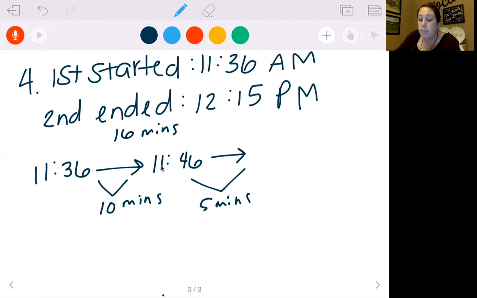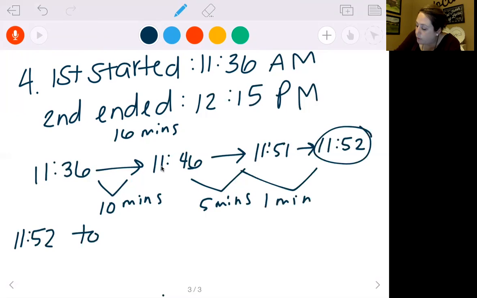Then she calls her grandmother, and we know that her grandmother's phone call lasts from 11:52 to 12:15. So we need to figure out how many minutes that is. So from 11:52, let's go to the next hour. So 52, 53, 54, 55, 56, 57, 58, 59, next hour, which is 12 o'clock.